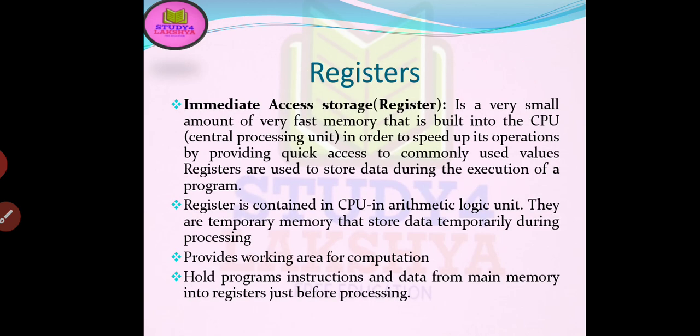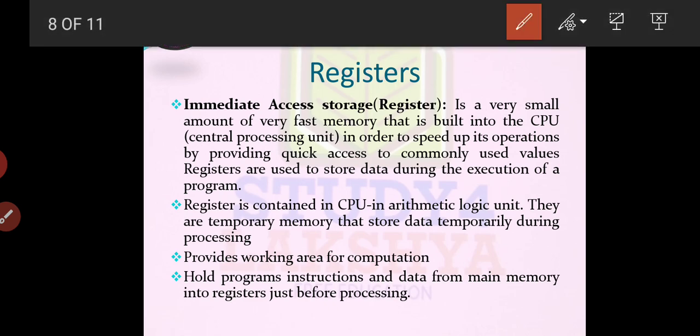So we will discuss registers here. It is the most important part. It is also known as the immediate access register, or in short the immediate register or IR. It is a very powerful, very fast memory with a very small amount of storage. Unlike secondary memory, where we use gigabytes, terabytes, petabytes, it is calculated in MB.